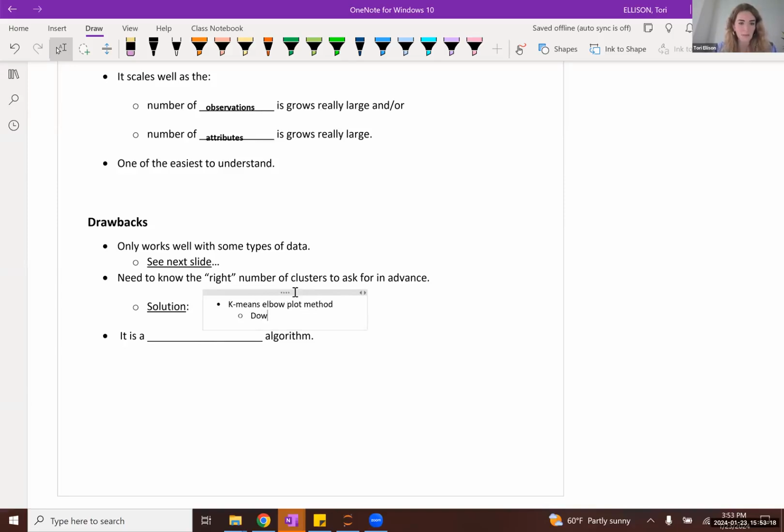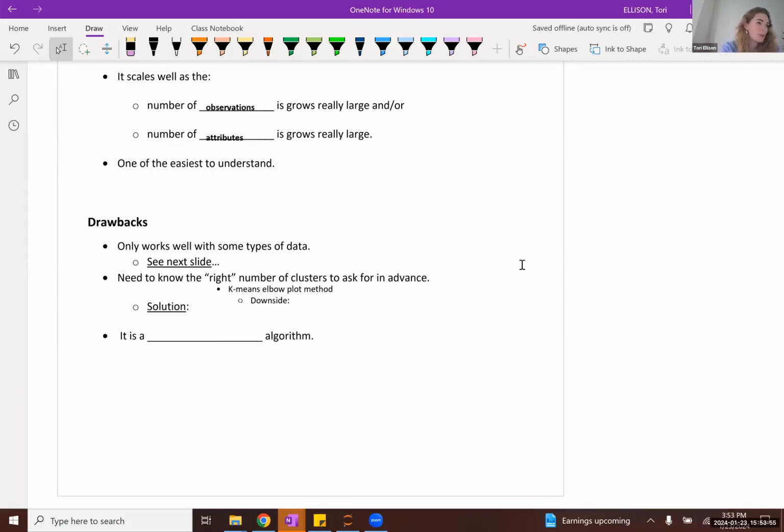But what was a downside that we identified when it came to using the k-means elbow plot method for determining the inherent number of clusters that exist in a data set? So if we're trying to determine how many inherent clusters exist in a data set, will the k-means elbow plot be able to identify that ideal number every time?